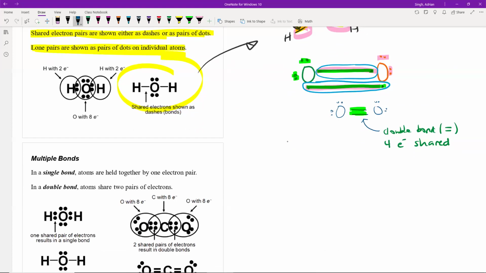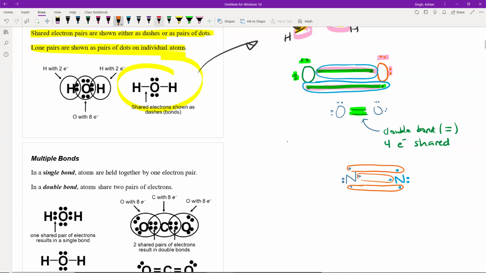If I have a nitrogen, which is in group 5, it's got 5 valence electrons. If I have another nitrogen on the other side, it also has 5. They want to have 8 to be happy. They can share one pair of electrons, another pair of electrons, and a third pair of electrons.